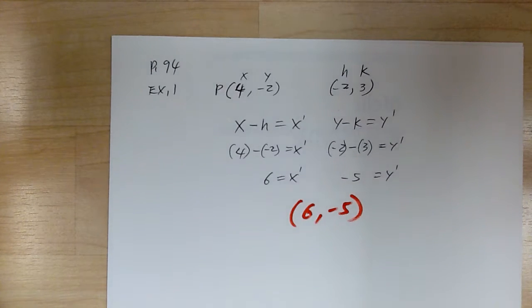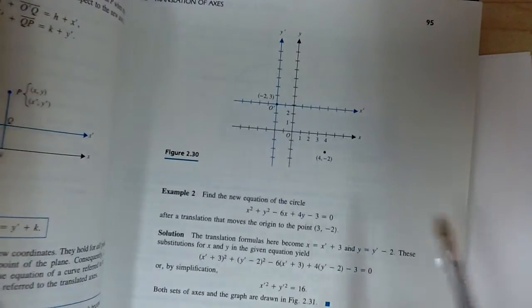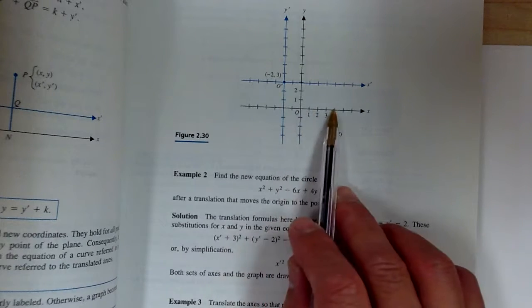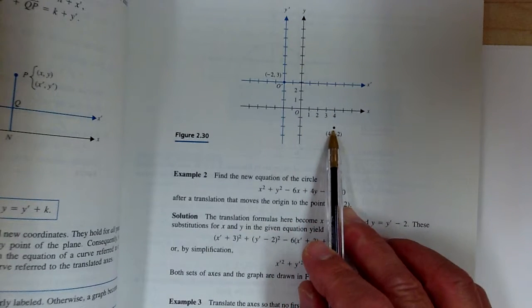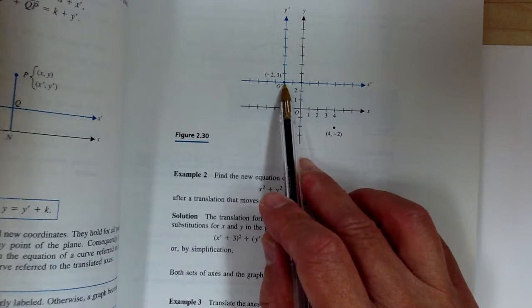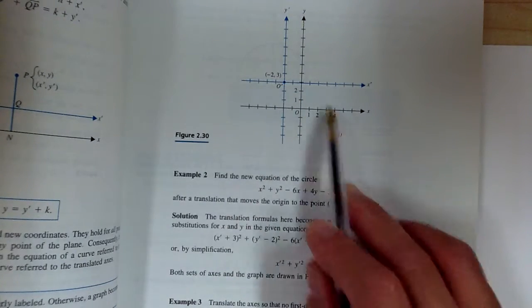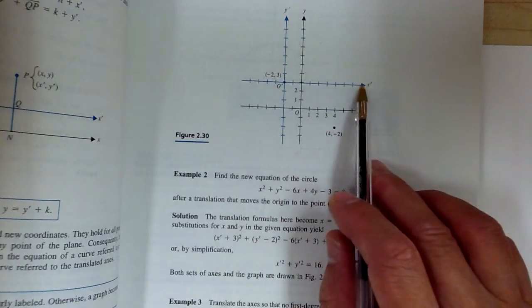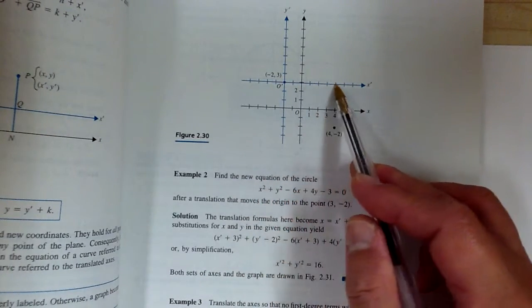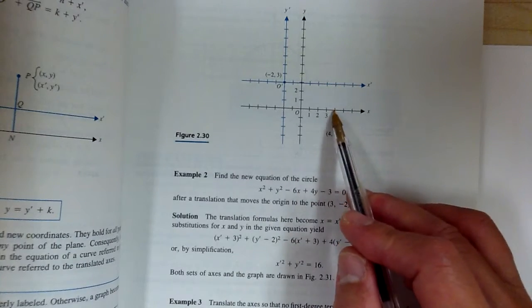And you can see from here, this is your original point, 4, -2. Now when you move the origin from here to -2, 3, this point, based on the new blue axis, becomes 1, 2, 3, 4, 5, 6, and -1, 2, 3, 4, 5.